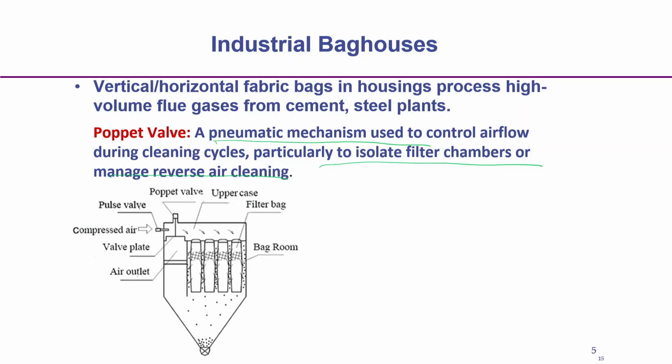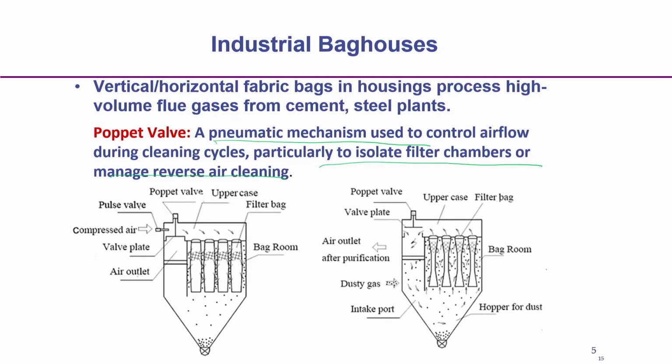Now, the normal system, here the compressed air is there. Now, I will show you that. Here you can see the dusty air is coming from this side, this is the dust air intake coming from the plant, along with the particles.